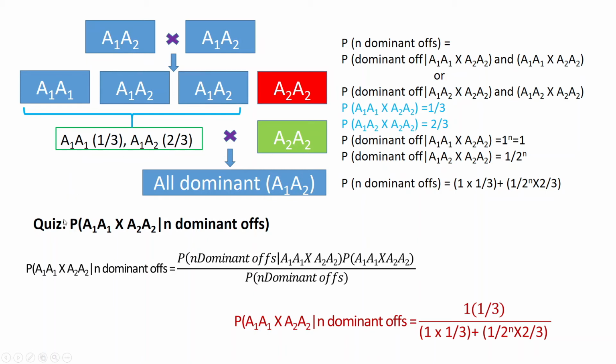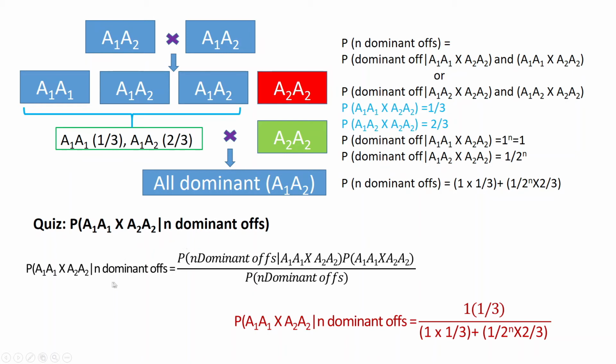Now the question can be put in a conditional probability format using Bayes' theorem. The probability of having this cross A1 A1 given n dominant offspring.